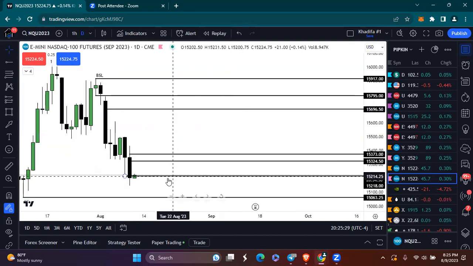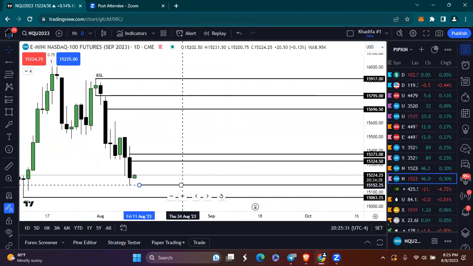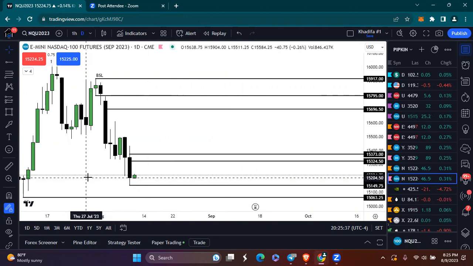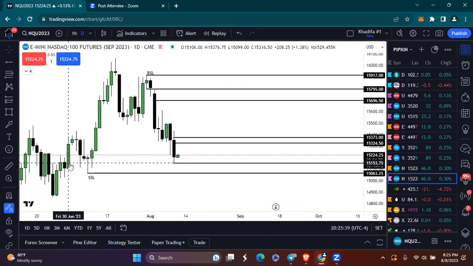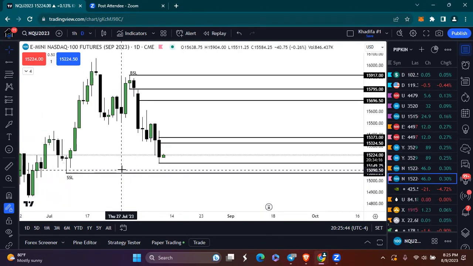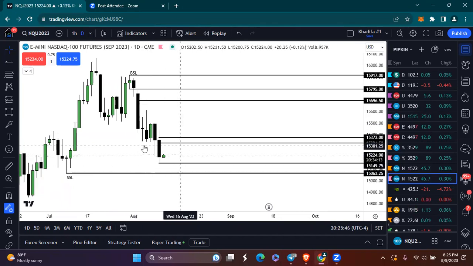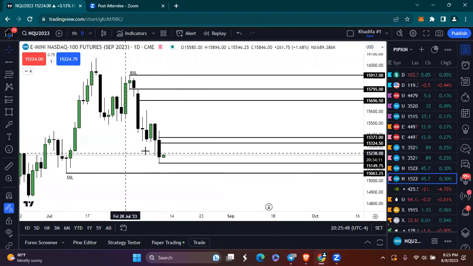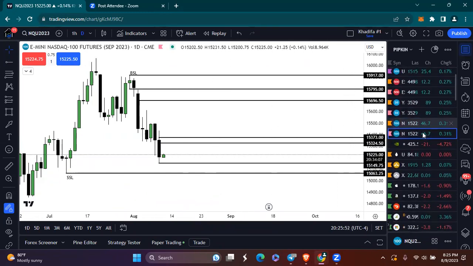Cool beans. So I expect us to pull back up into today's premium array, and then we'll see how price reacts to those levels if and when we get there.